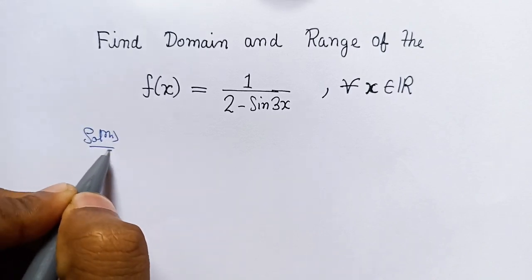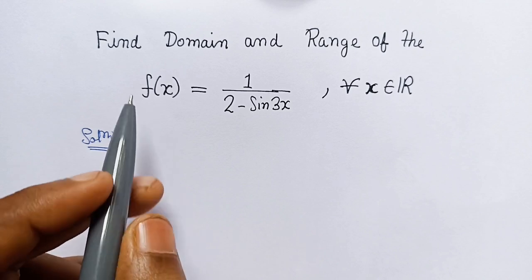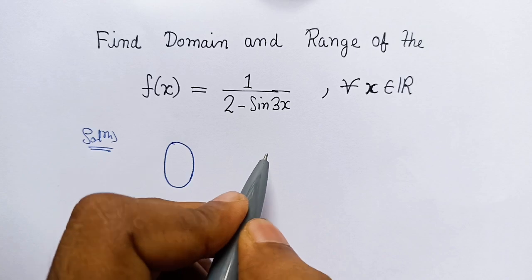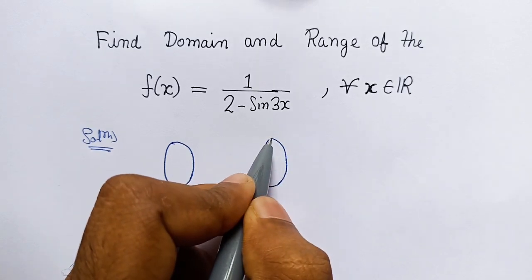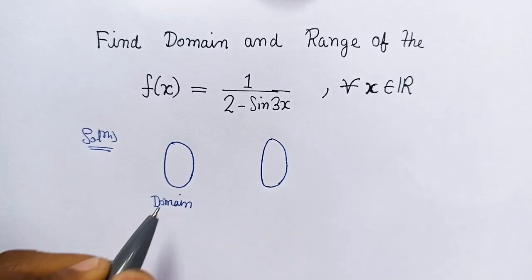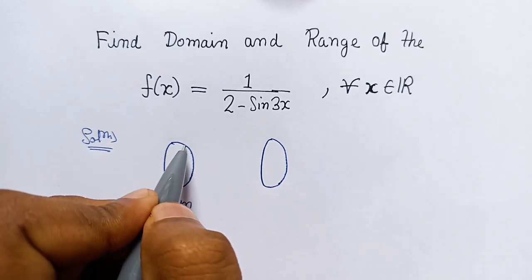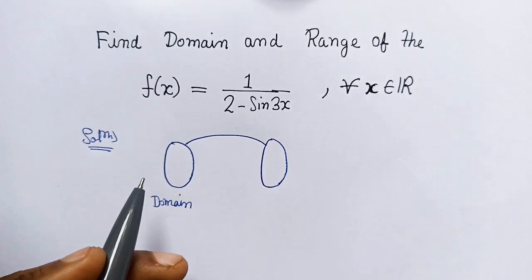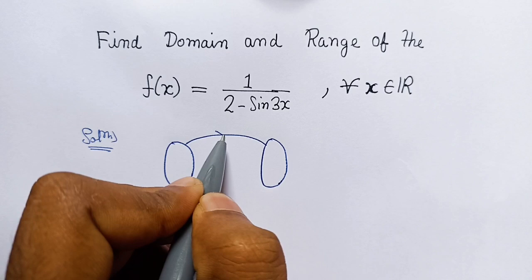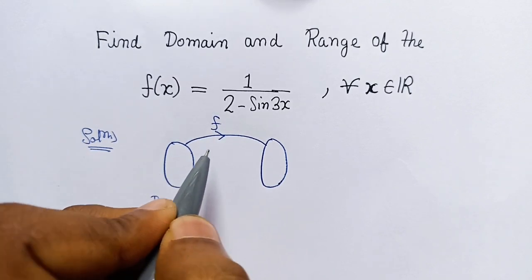First of all, you have to understand what a function is. Suppose this is a set 1 and another set 2, and this is the domain, the set in which every element of the function is applied. Domain is a set on which the function is applied. Suppose this is the domain and the function is applied on this set, and then we get an image.